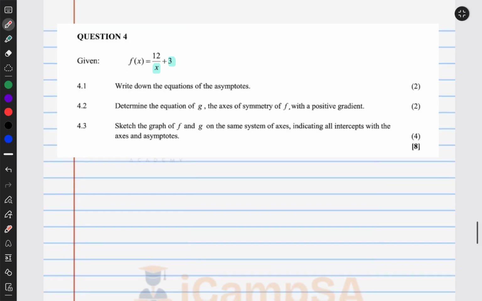If we were to be asked to sketch the function, then for 4.1: write down the equations of the asymptotes. The asymptotes are just straight lines. The first one is x is equal to 0, your vertical asymptote.